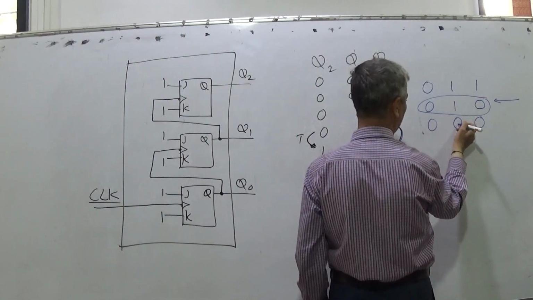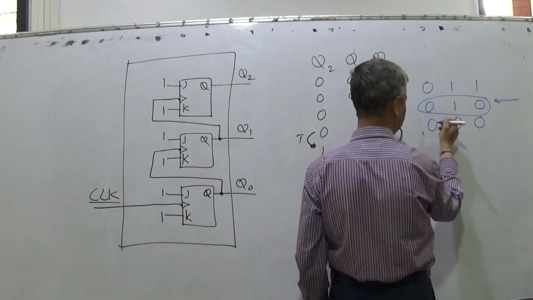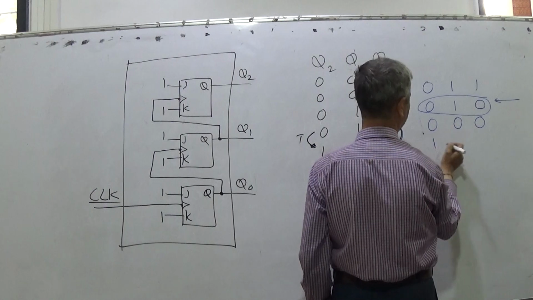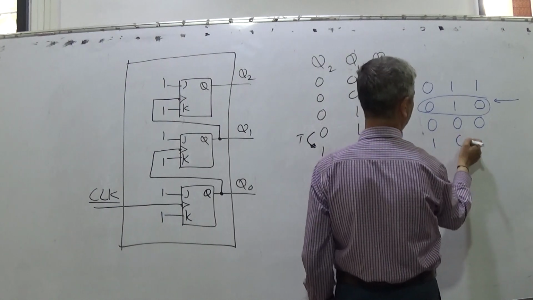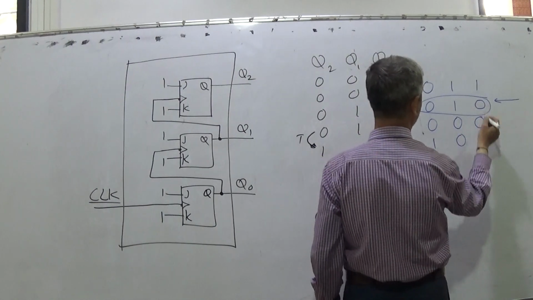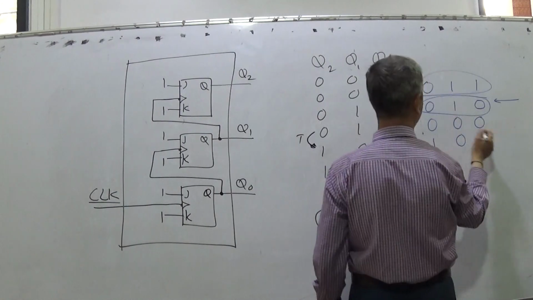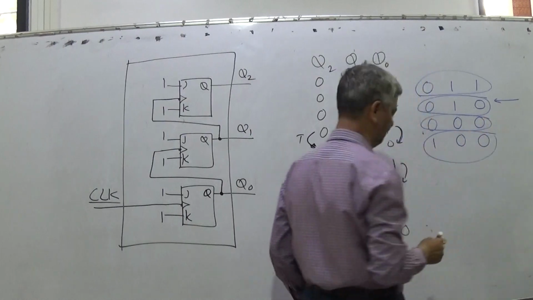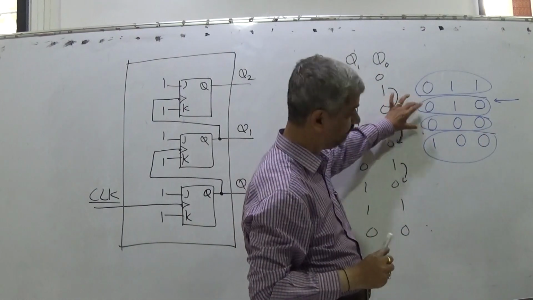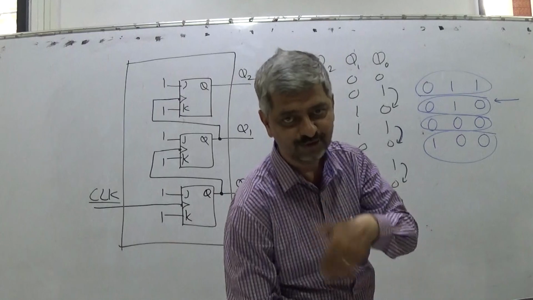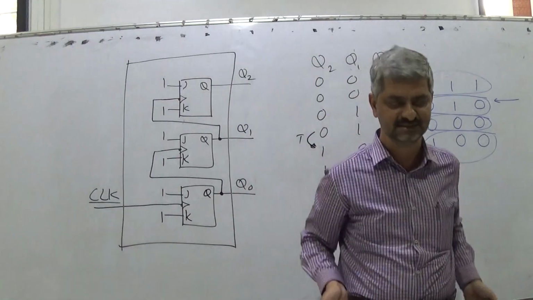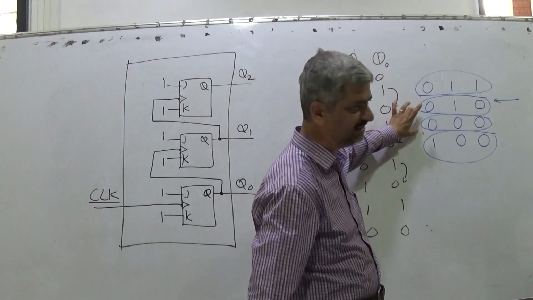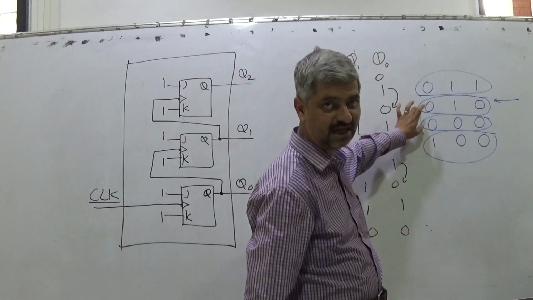When this becomes 0, this is expected to become 1. So this will become 1 0 0. So from 0 1 1 to 1 0 0, there will be two short-lived, very negligible, but because of asynchronous things not happening simultaneously, small non-required, unexpected states are there.